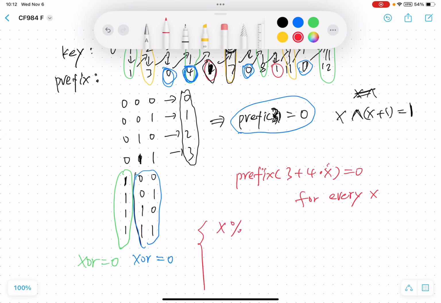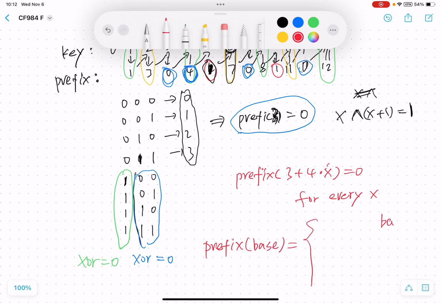So we will get the answer for prefix x. We use another variable, base.